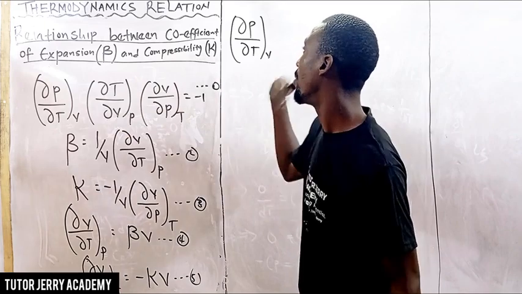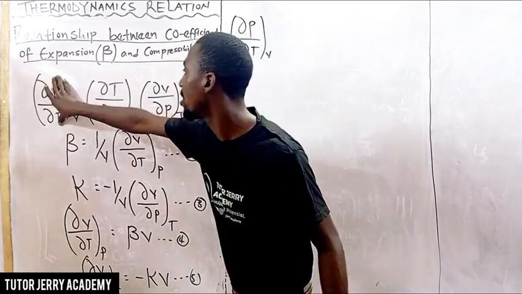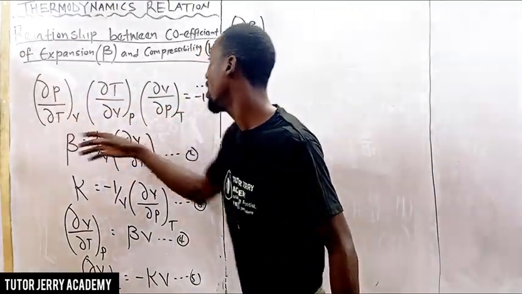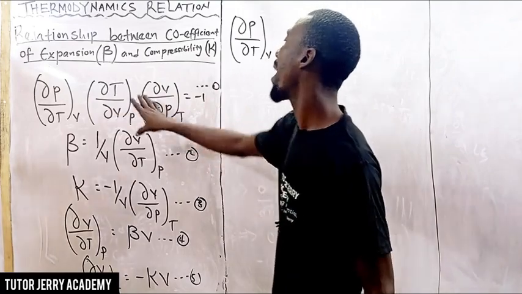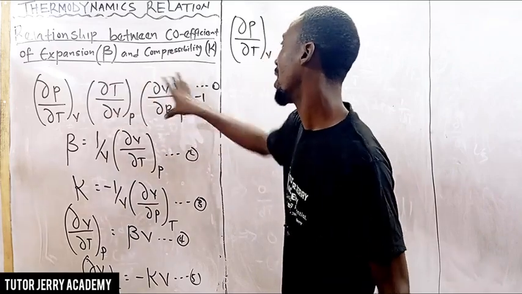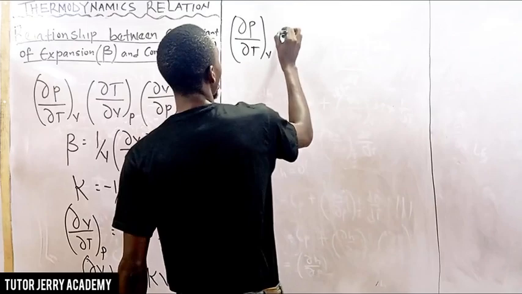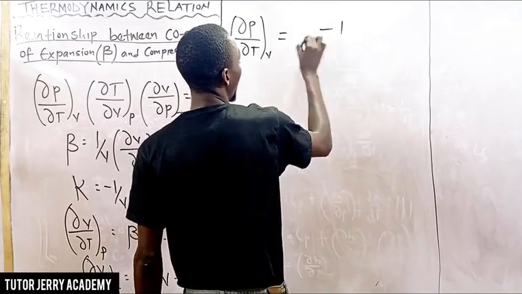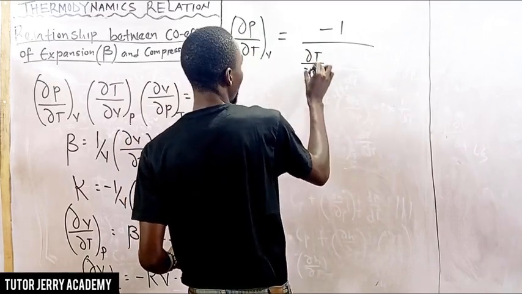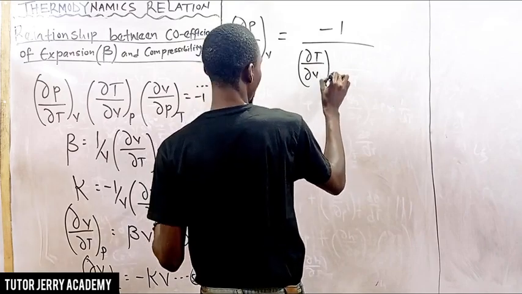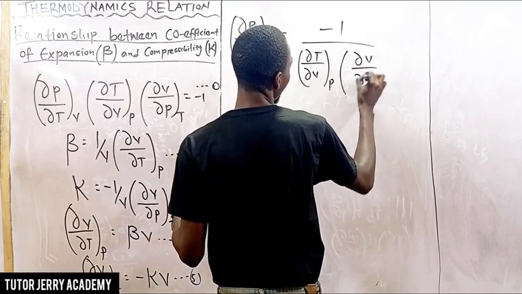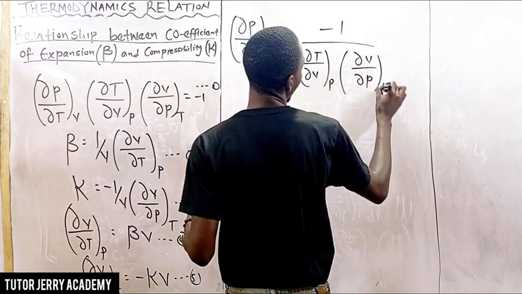Into the partial derivative of V over the partial derivative of P. Now, before I proceed, let's make this the subject of the formula. It means we are going to divide both sides by this and this, which is going to be equal to minus 1 over the partial derivative of T over the partial derivative of V, keeping P constant, times the partial derivative of V over the partial derivative of P, keeping T constant.